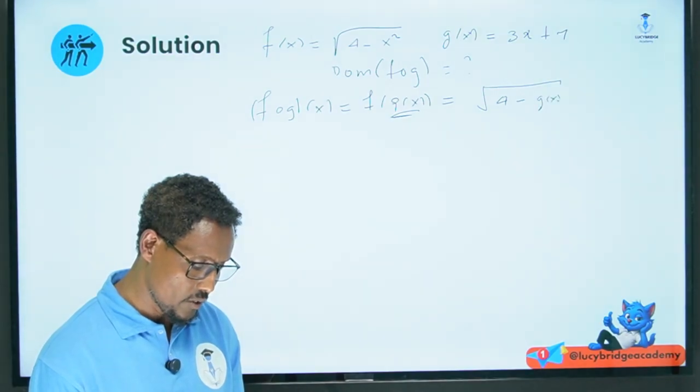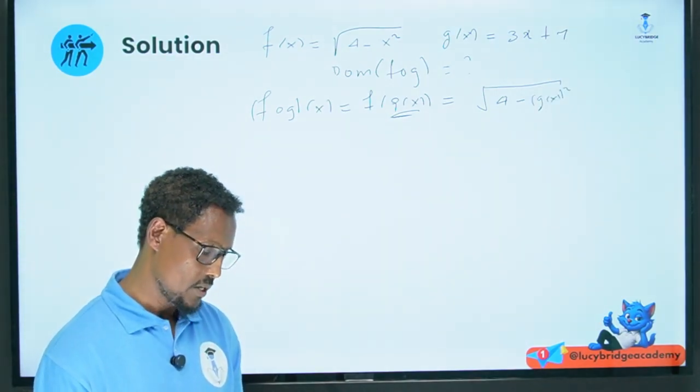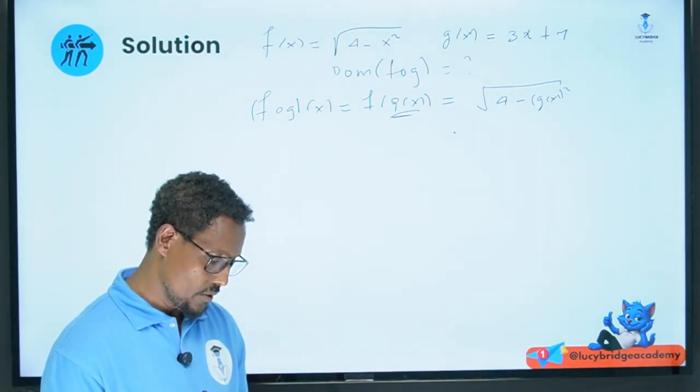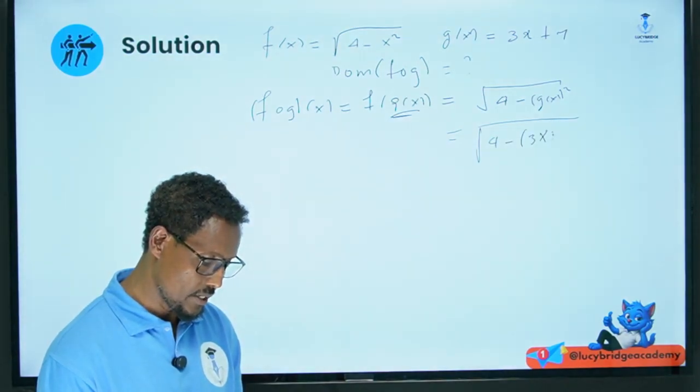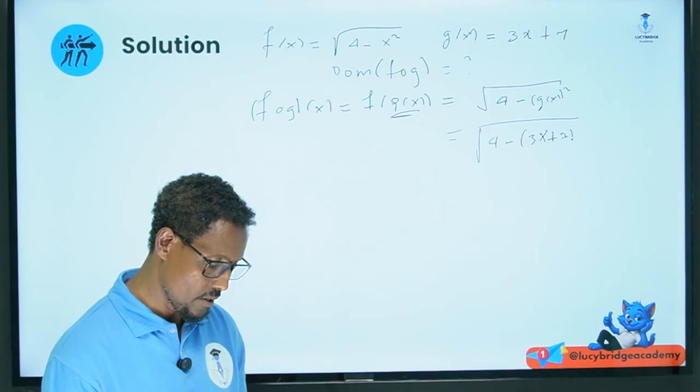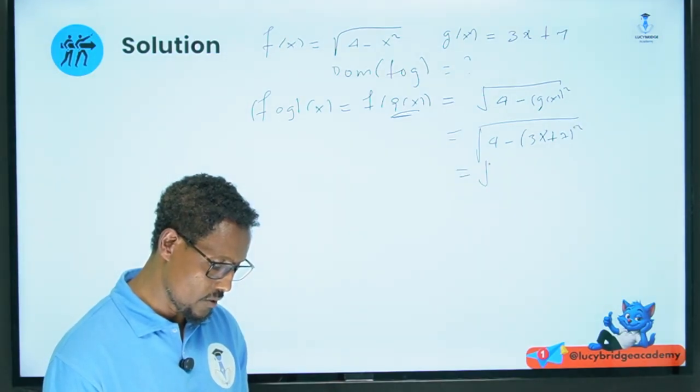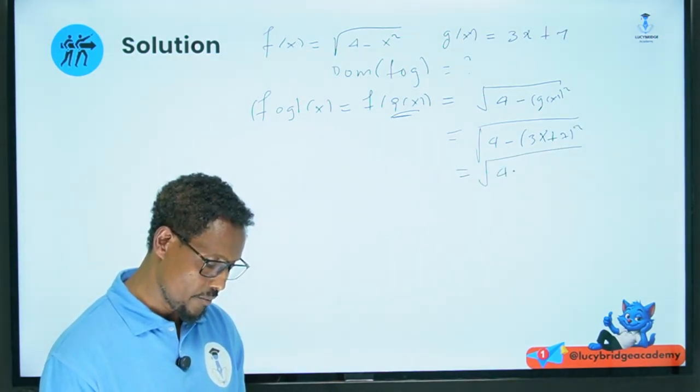The square root of 4 minus g of x the whole squared, which means the square root of 4 minus, what is g of x? 3x plus 7 the whole squared.